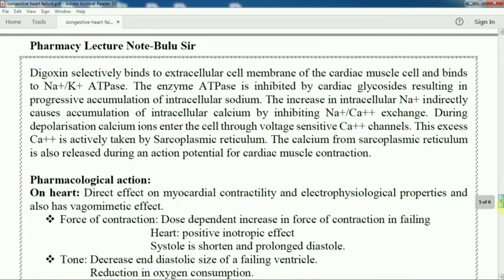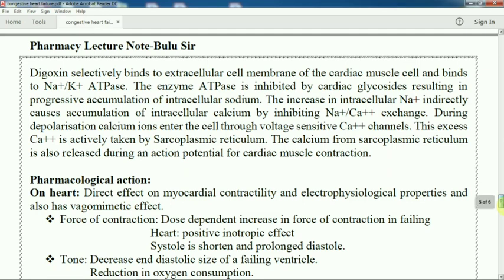As a result, calcium accumulates inside the cell, and the excess calcium is actively taken up by the sarcoplasmic reticulum, and the calcium from the sarcoplasmic reticulum is released during the action potential for cardiac muscle contraction.